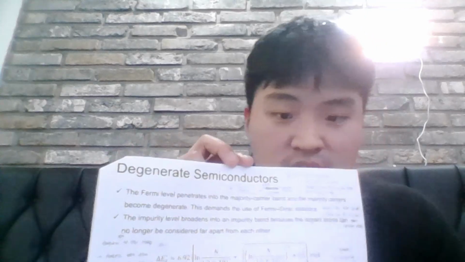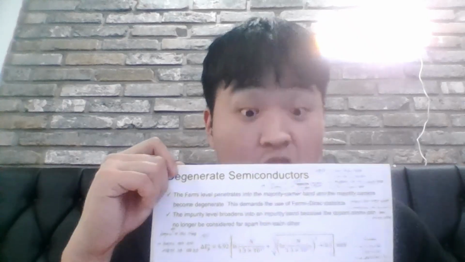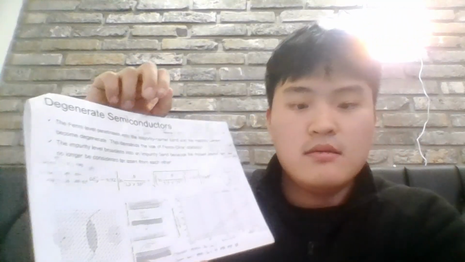And for the last one, the degenerate semiconductors, it's a semiconductor that is heavily doped by donor atoms. So when we heavily dope with a donor or an acceptor, it means an n-type and a p-type semiconductor.